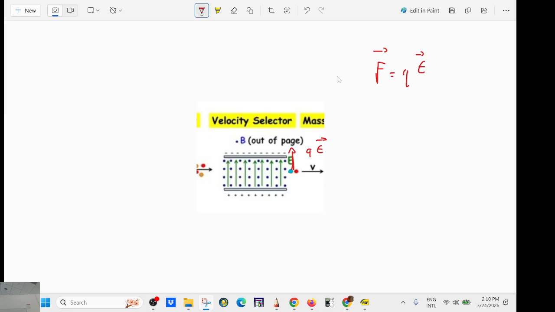Velocity, magnetic field, force: the right hand rule. The same rule applies to current, because the current is a moving positive charge. So we use the same rule whether it's current or moving positive charge, because the current is made of positive charge that's moving. So the QVB, that could be velocity or current.